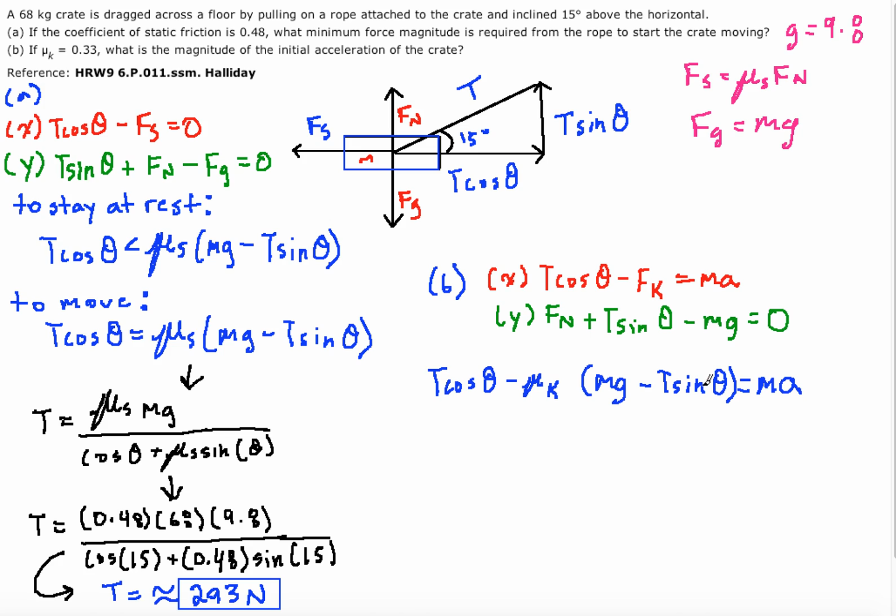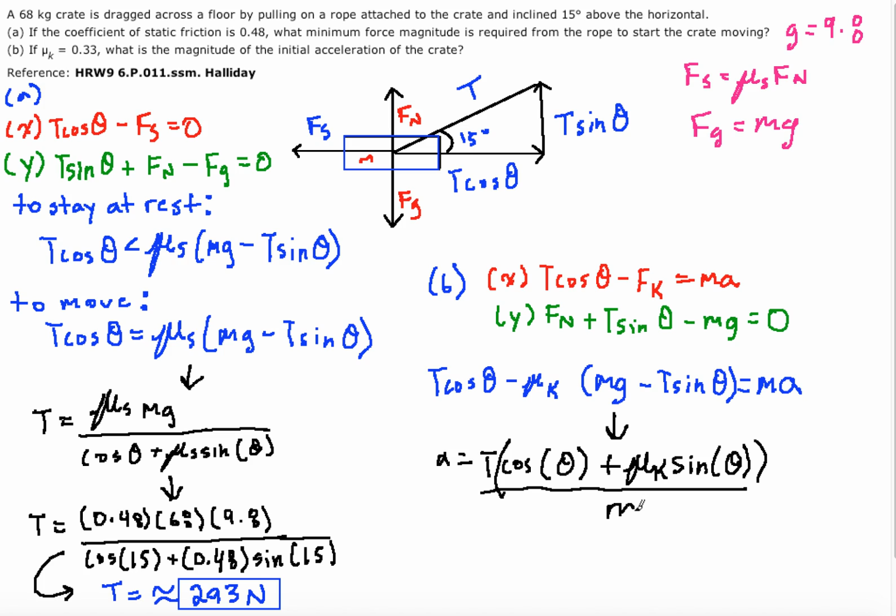All right, and solving for a in this instance, we get that a is equal to T cosine of theta plus mu k sine of theta, divided by the mass of the system, minus mu k times gravity.